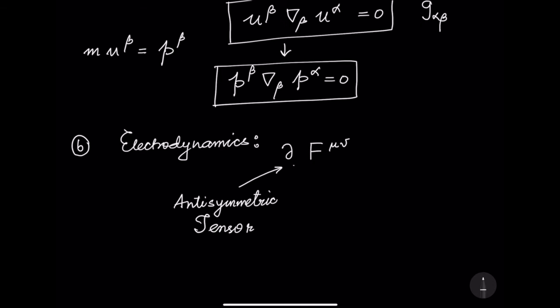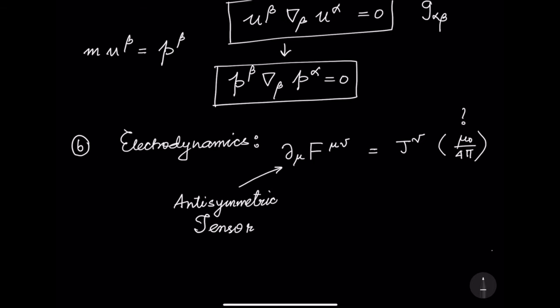And the equation of electrodynamics is this. There is mu 0 by 4 pi, I guess, the exact factor, I don't remember exactly what it will be, but it's basically this. So this is the equation of electrodynamics.